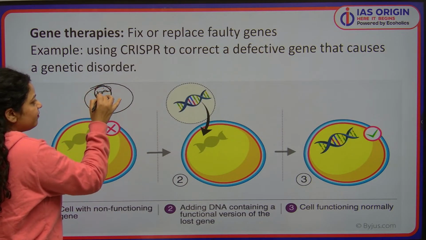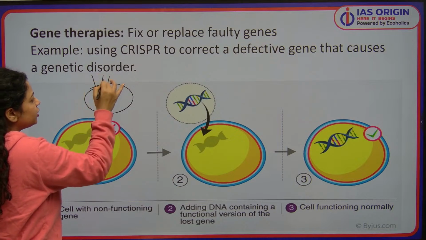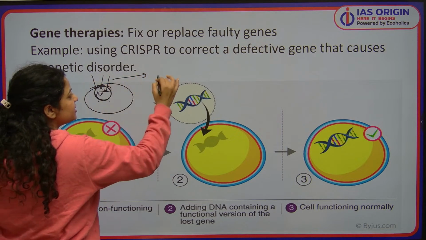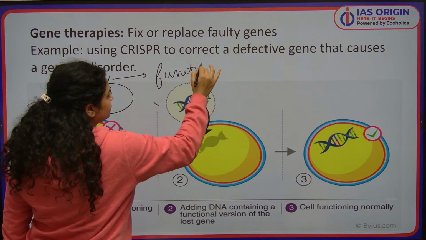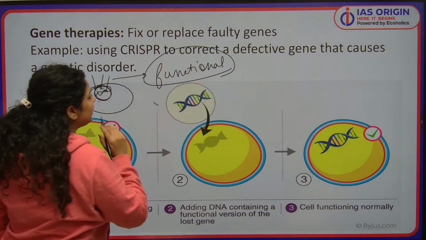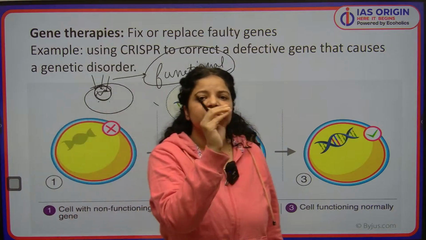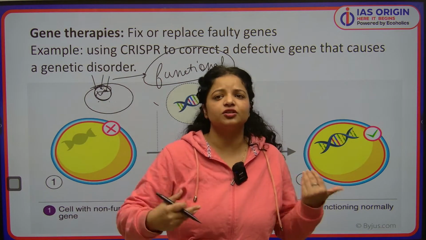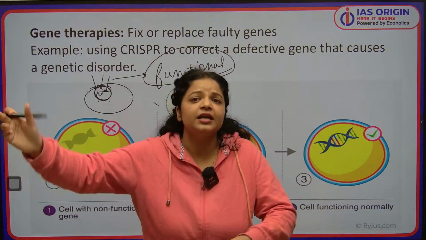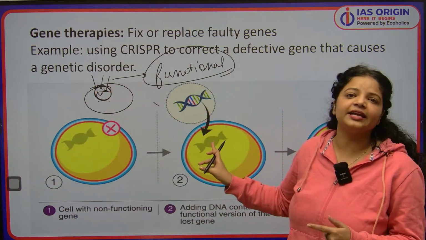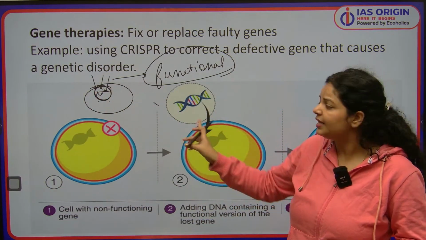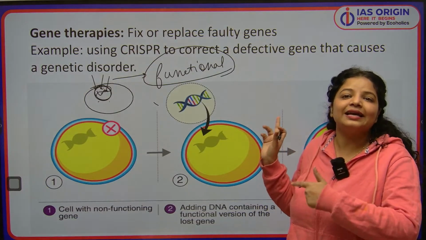I will add the DNA or the gene which has the same functional quality, so that because of this dysfunctional gene in my cell, because of which I was not able to perform something, now because we have added the DNA with the same kind of gene functionality, my cells are working in a healthy manner.